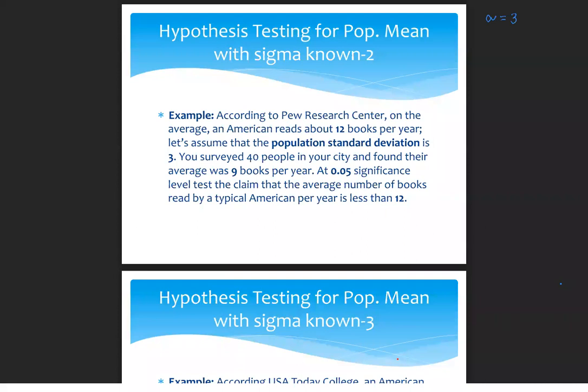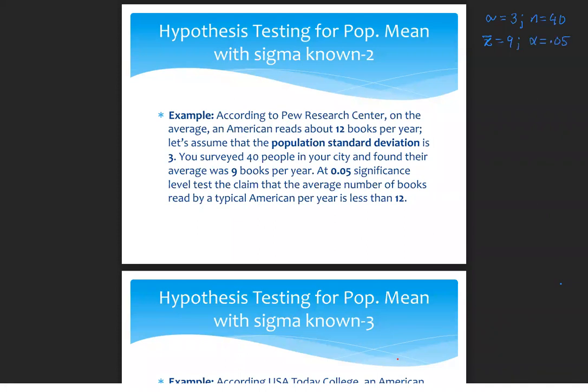You surveyed 40 people, so your sample size n is equal to 40, in your city, and found that the average was 9 books per year. So the average of these 40 people, that would be x bar or sample mean, is 9.